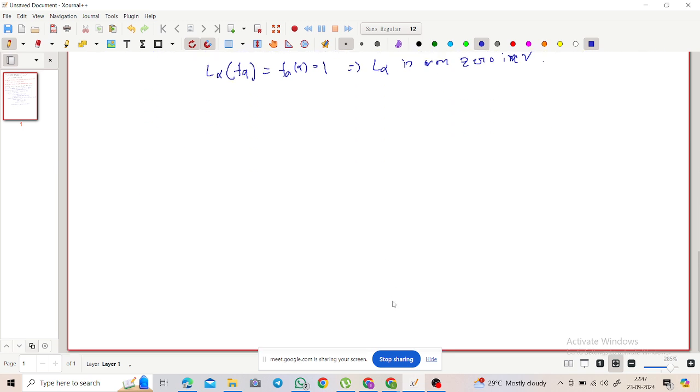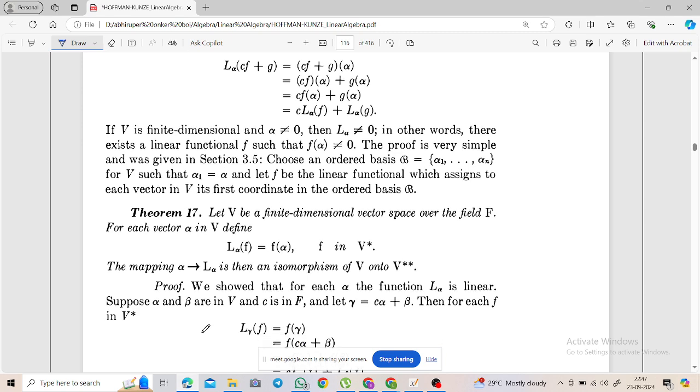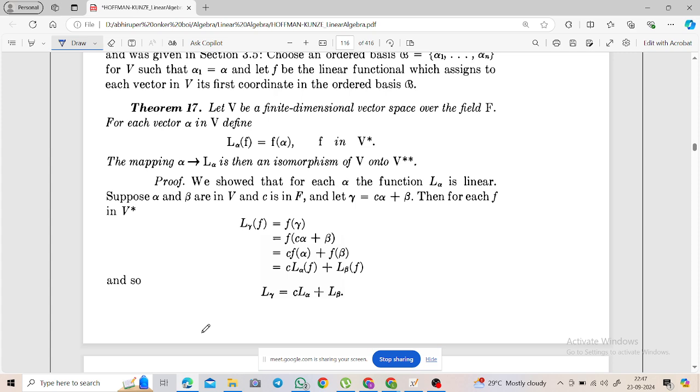So now let's move on to the theorem, where they are saying that let V be a finite dimensional vector space over the field F. For each vector alpha in V, we define L alpha of f as f of alpha, for f in V star.